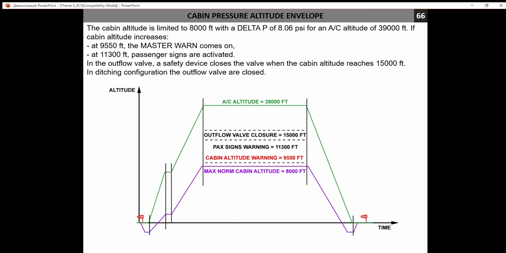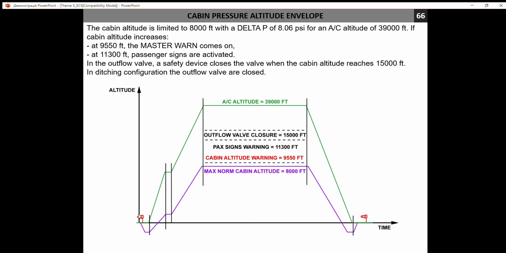If you look at this diagram, you may see the principle of pressure regulation. The green line is the airplane's flight path. The magenta line shows us changes in the cabin.